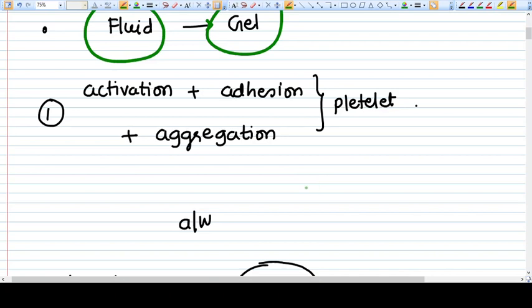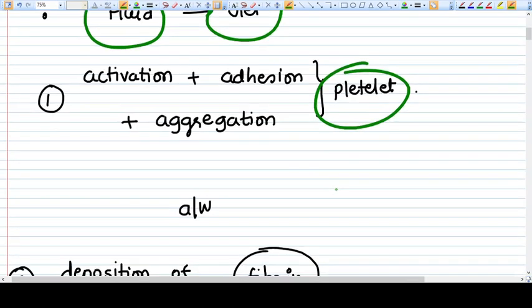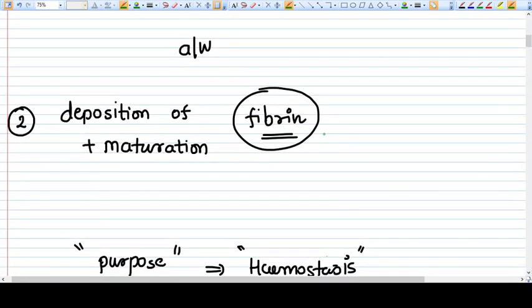The first one is associated with platelets. There is activation, adhesion, and aggregation of the platelets. If we talk about a particular order, first there will be platelet adhesion, then platelet activation, and then platelet aggregation. The second process is fibrin generation.